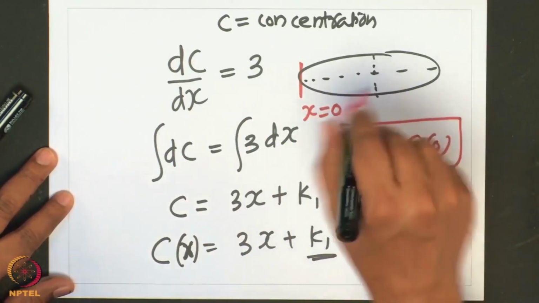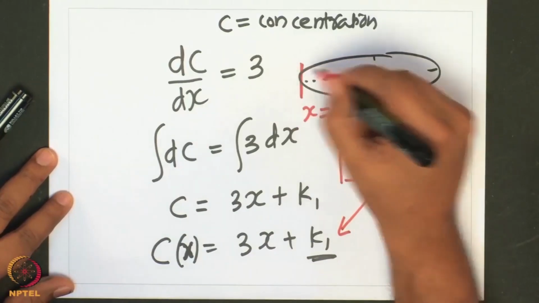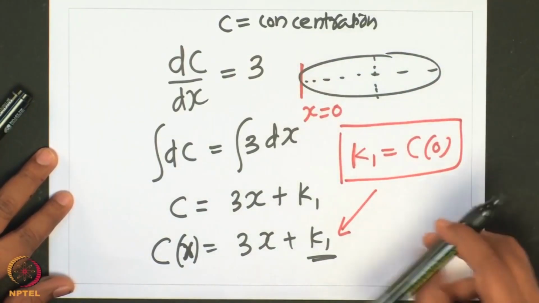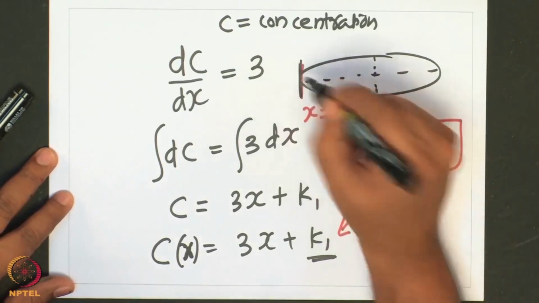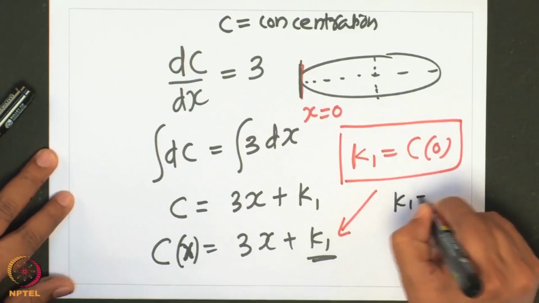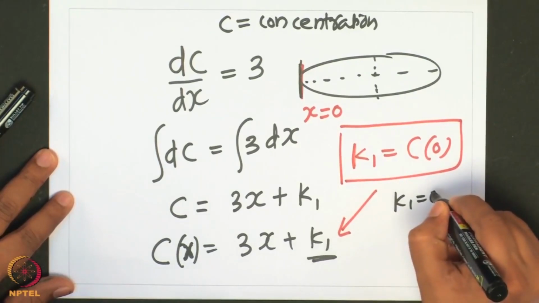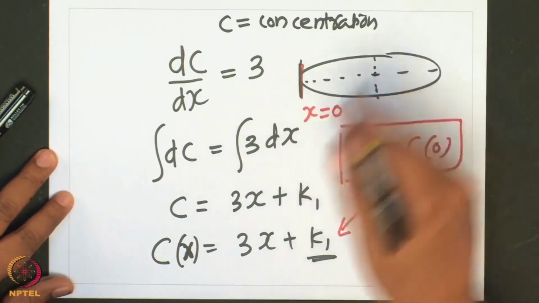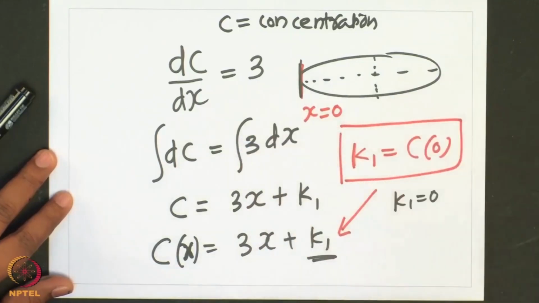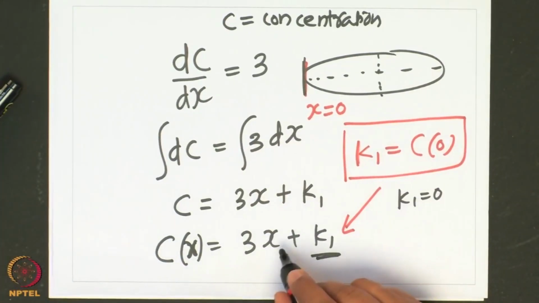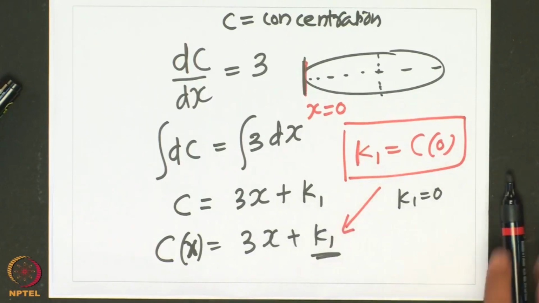This concentration is the concentration at the boundary, and that is why this is often called a boundary condition. So, at this boundary, if k1 is equal to 0, the concentration is 0, and the change in concentration is 3, I would get the concentration at any point x as 3 times x. At 2 it would be 3 times 2.